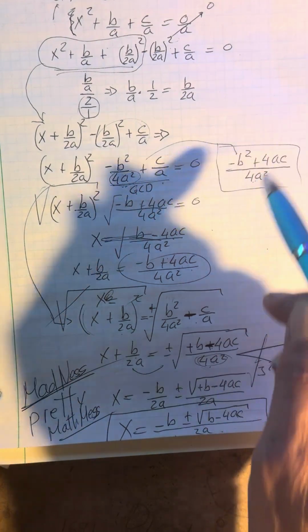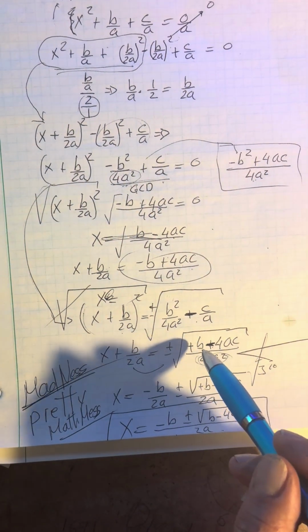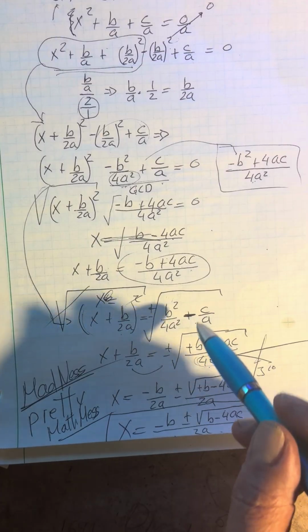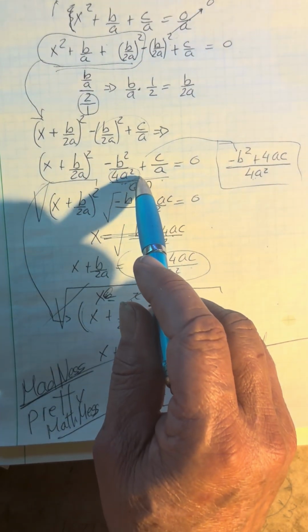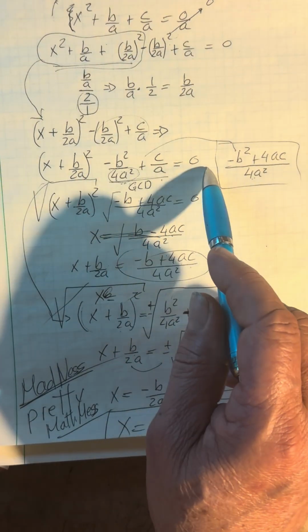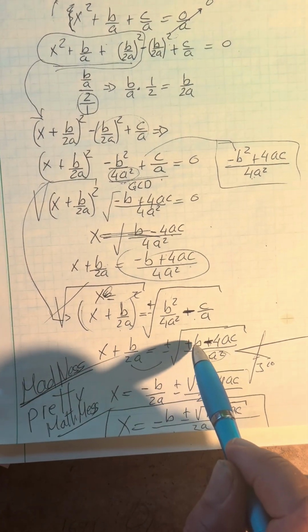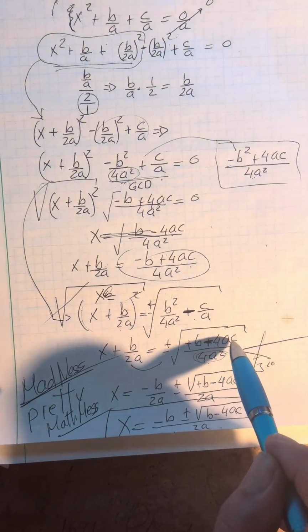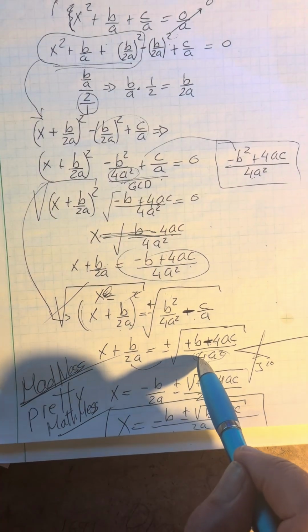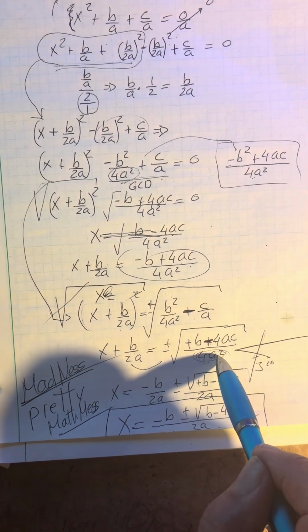And that is what's in here. Well, not quite, but that's because when we move it to the other side, this changes sign. And that's why it's b squared minus 4ac divided by 4a squared.